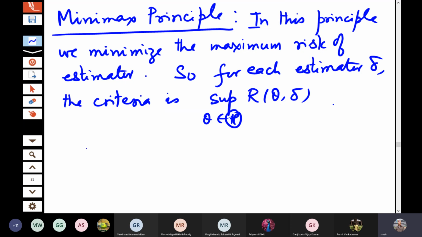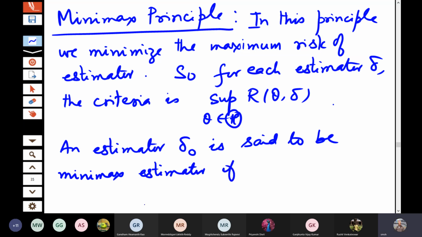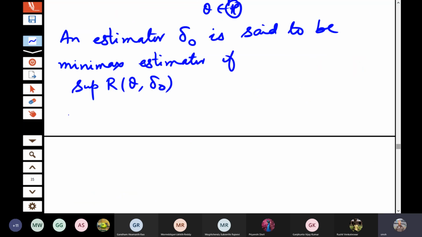So we say an estimator delta naught is said to be a minimax estimator if the maximum risk of delta naught is the minimum among all estimators.